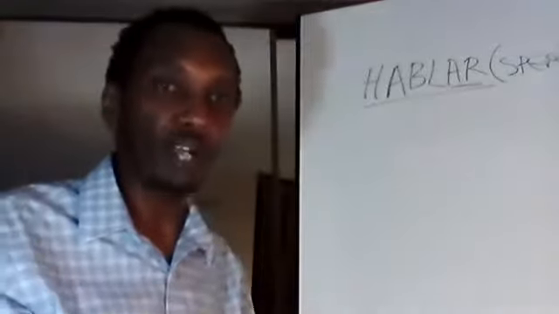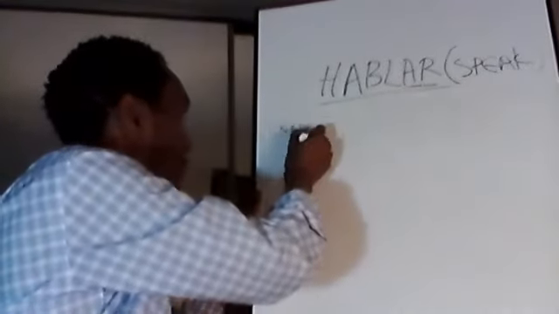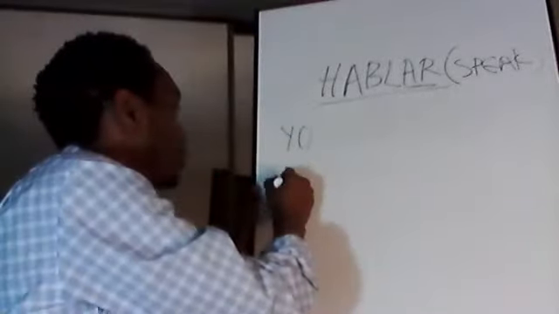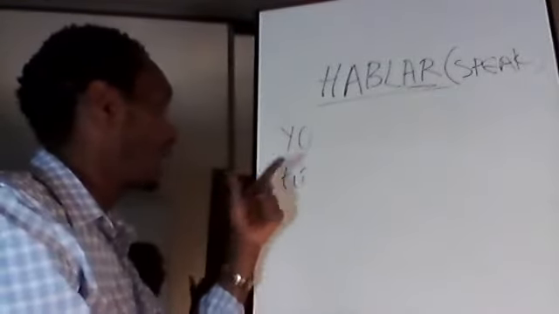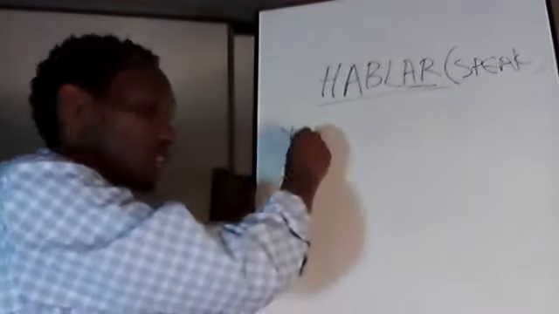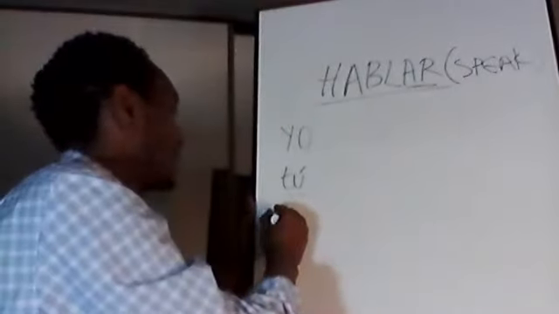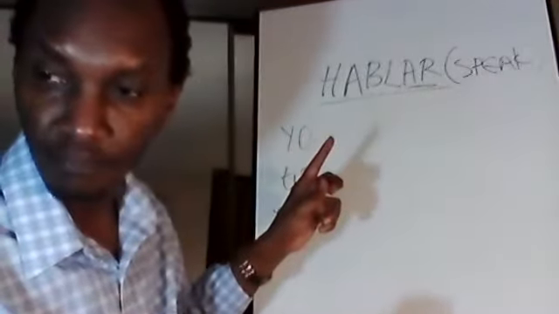So the way you do this is to conjugate. When you have to start breaking the word down in first person, second person, and all that. So the first person singular in Spanish is yo. Yo means I. And then the second person singular is tú. I'm going to speak about the accents, the small marks on there, in a different video. Then we have él, which means him.